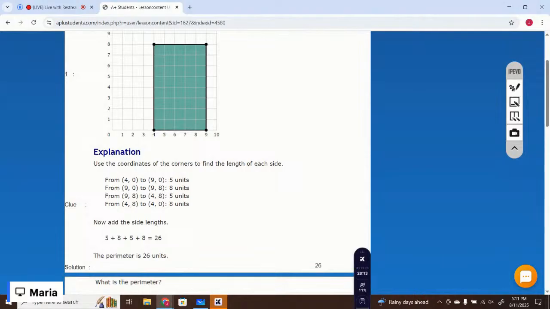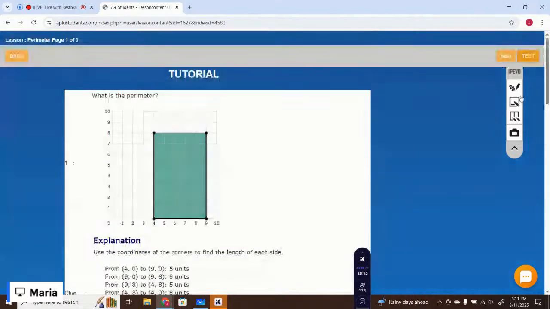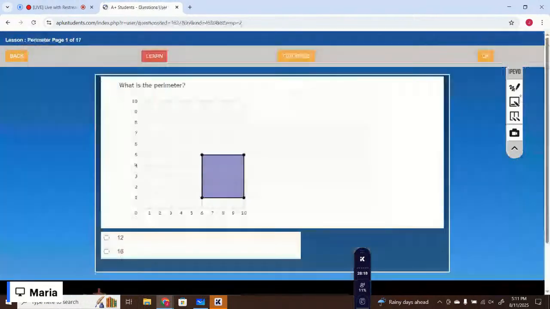Let's just start with the test questions. What is the perimeter?